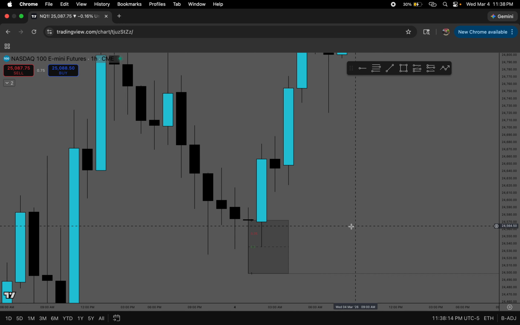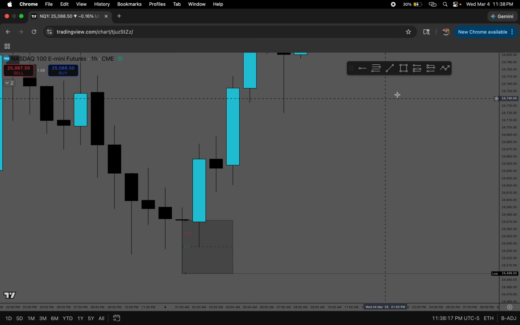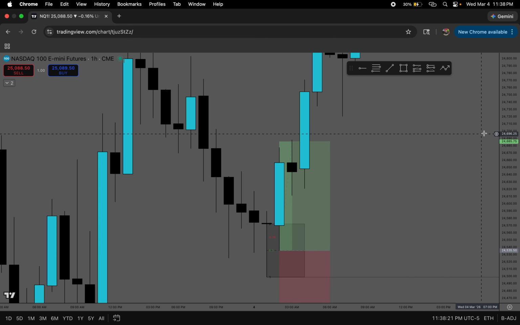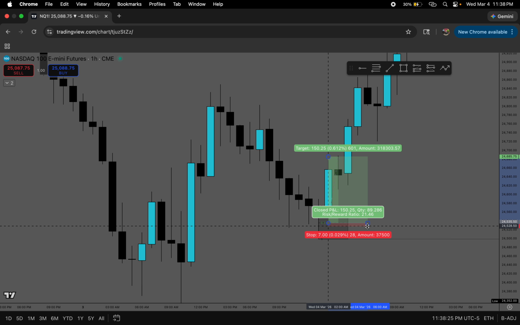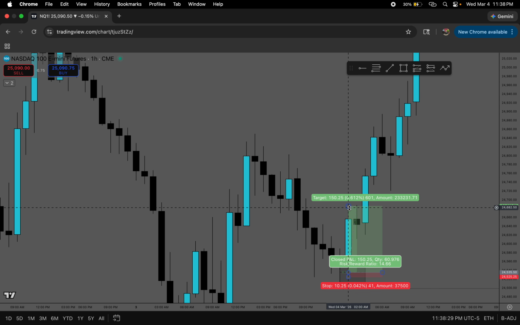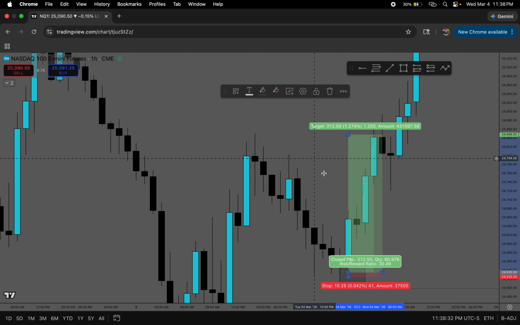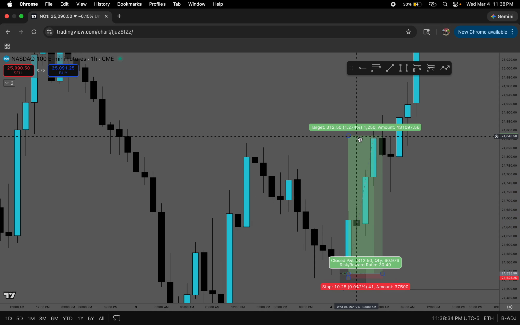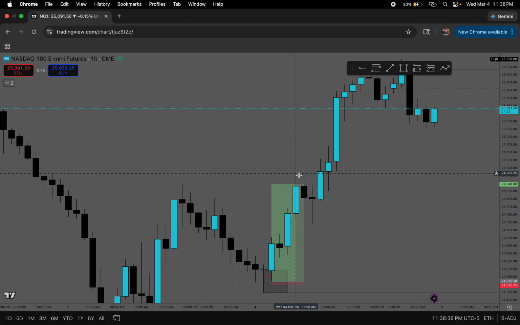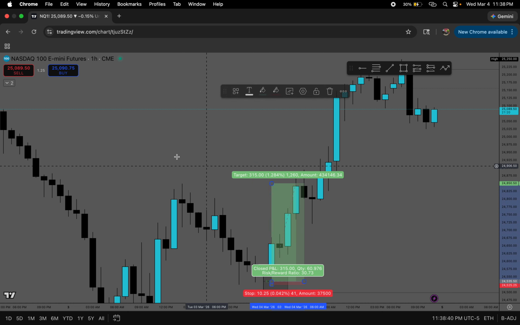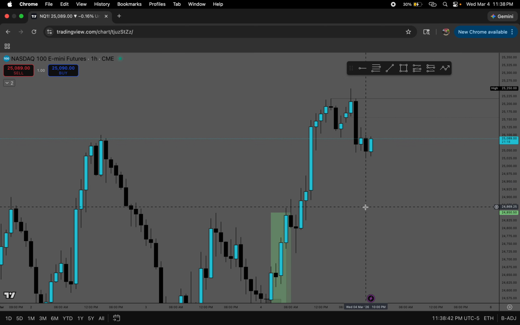But being that we prefer to use the CE and always to have a 10-point stop, this would have been a 10-point stop. Target this. What time is this? This is 2 a.m. This is pre-New York. You would have been up 300 points just off of that entry alone. Okay. So that's one.